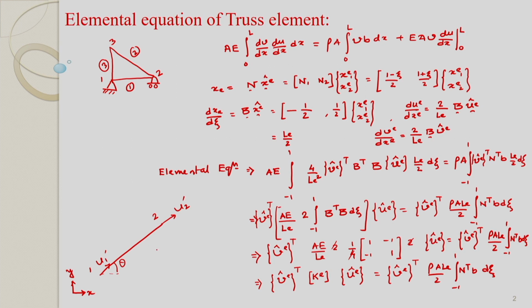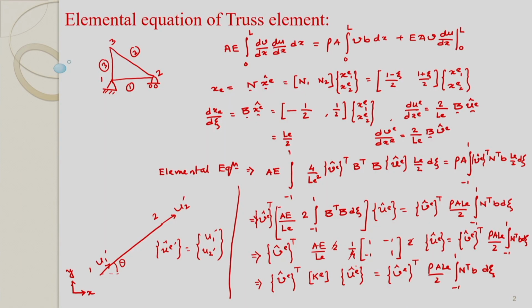So, this UE we can denote as prime: U1 prime, U2 prime. Now, our elemental equation we are assuming is in this prime coordinate. So, this UE hat is UE prime. We denote this stiffness matrix as Ke prime.